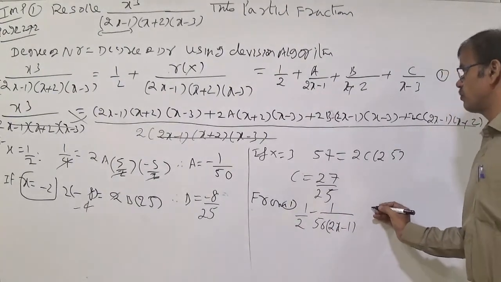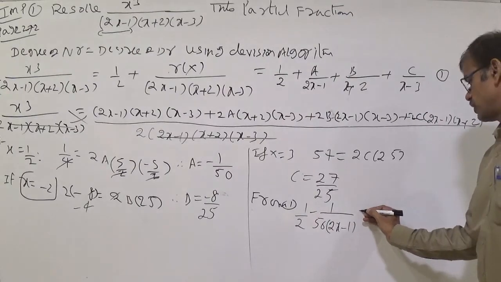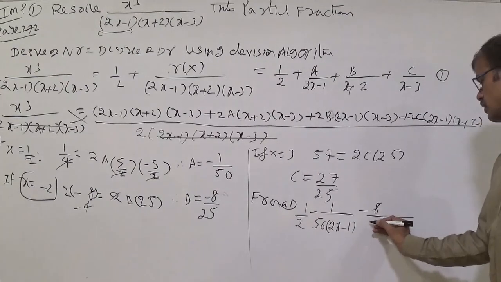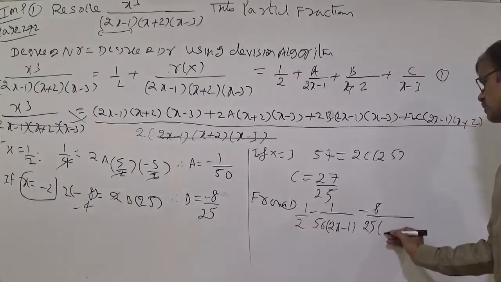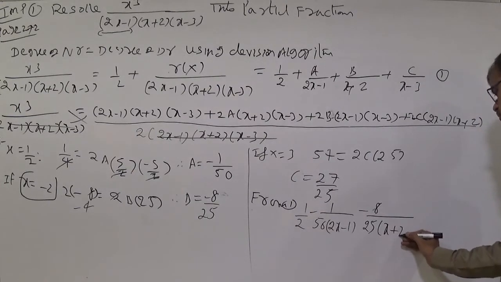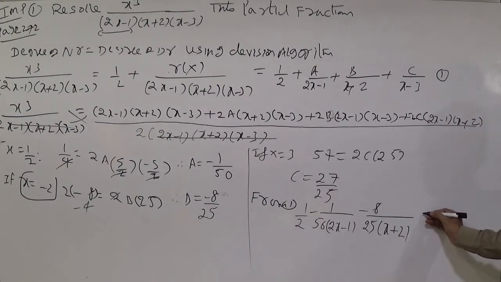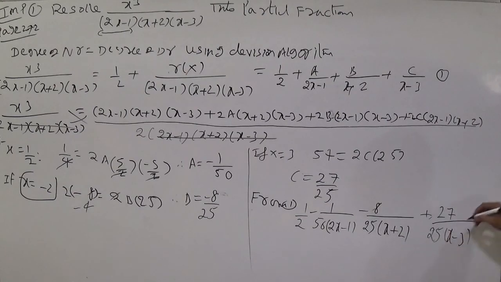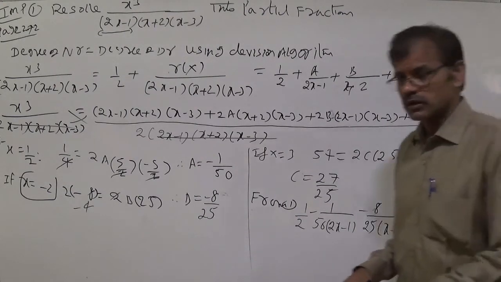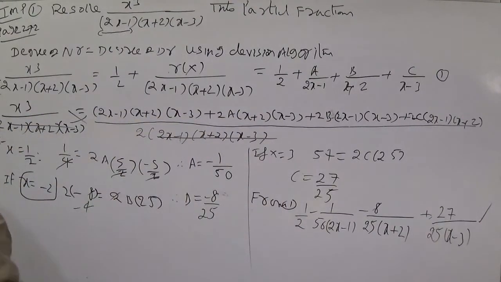And the value of b is minus 8 by 25, minus 8 by 25 into x plus 2. Next the value c, it is 27 by 25, 27 by 25 into x minus 3. This is the main question, important question. This is the number 1 question in IPA concept.